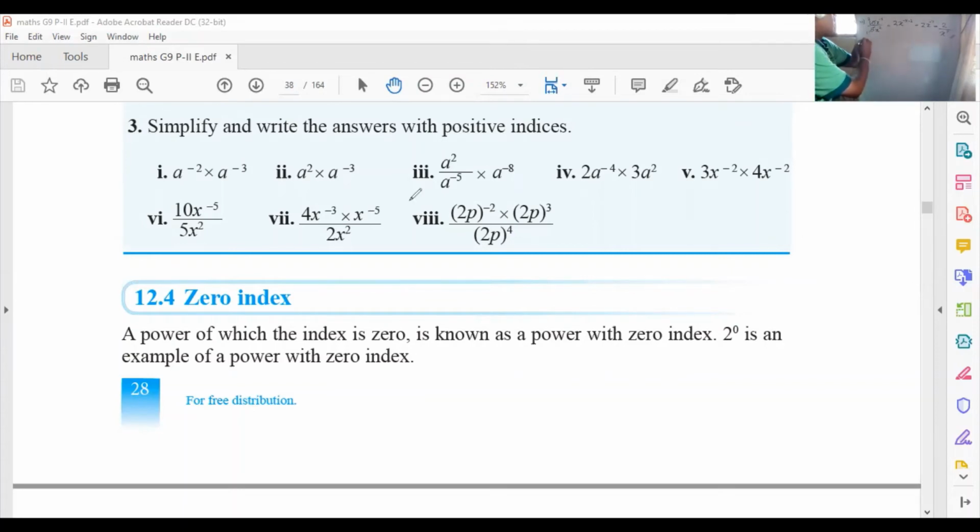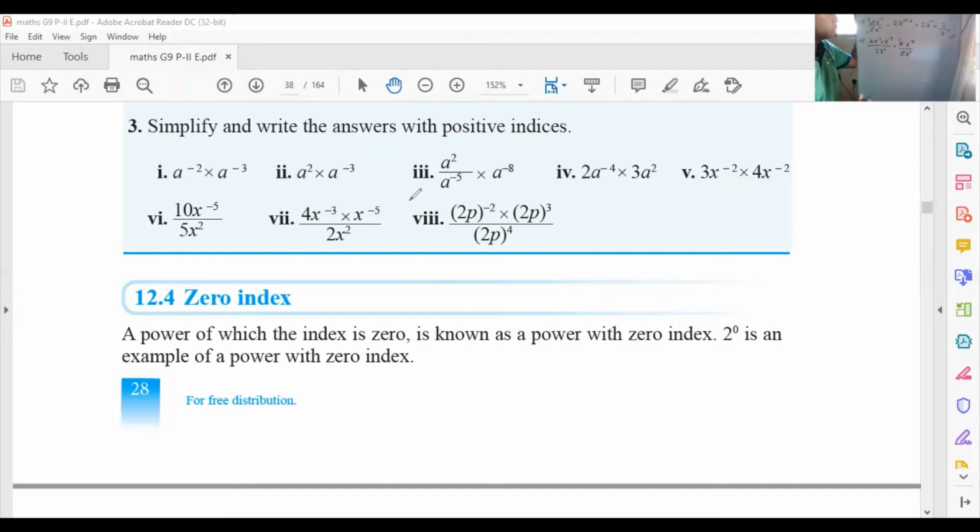Let's move to the 7th question. 4x to the power negative 3 times x to the power negative 5 divided by 2x to the power 2. That is 4x to the power negative 3 and negative 5 should be added. Negative 8, and divided by 2x to the power 2. 2 and 4 can be cancelled out.